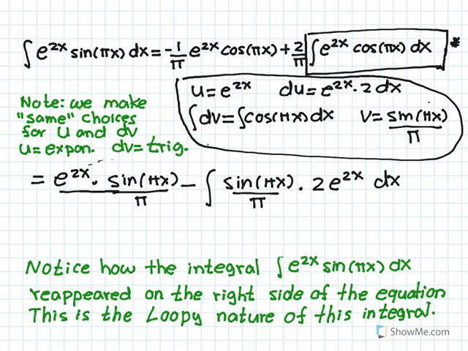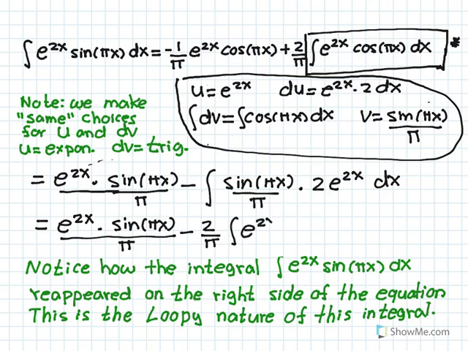Now 2 over pi is a constant, passes through the integral, so let's simplify this. We get e to the 2x times sine pi x divided by pi, minus 2 over pi integral e to the 2x sine of pi x dx.